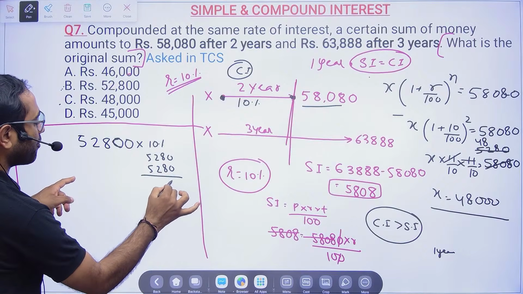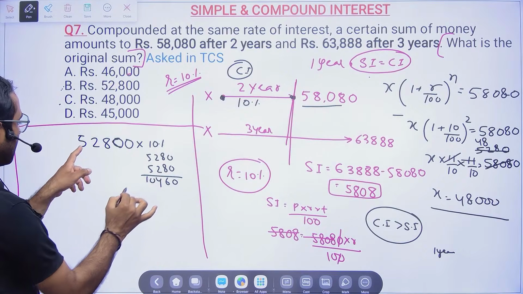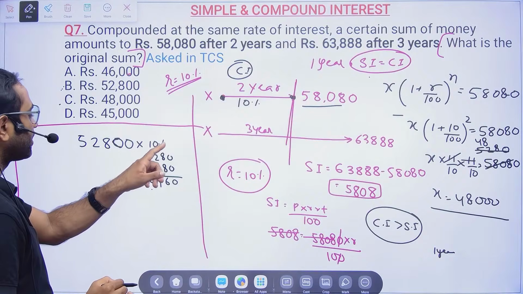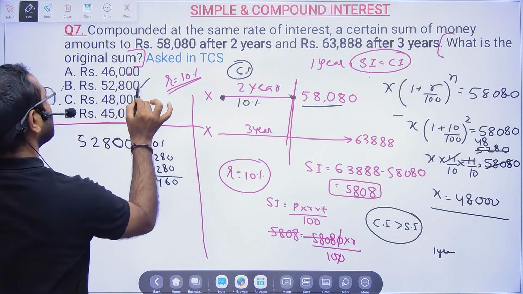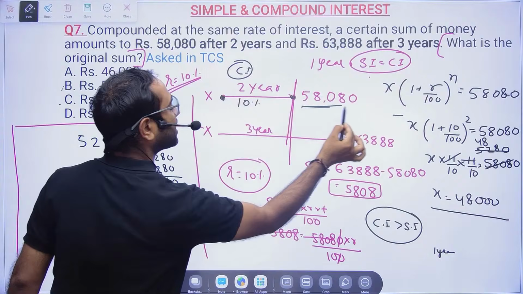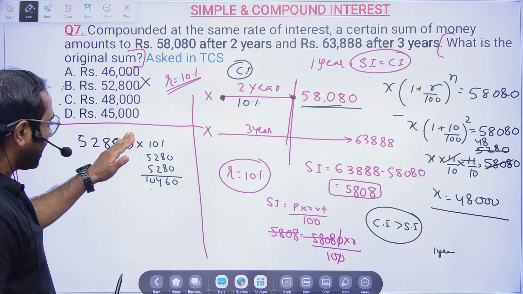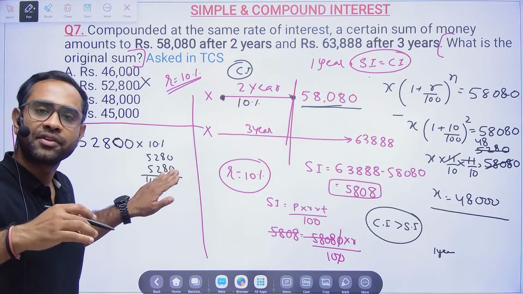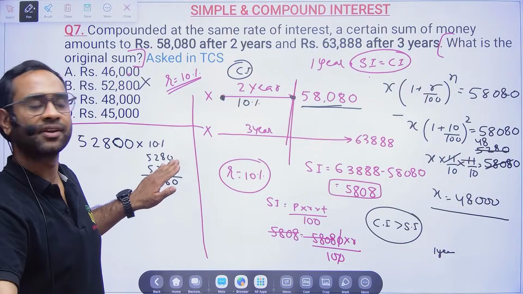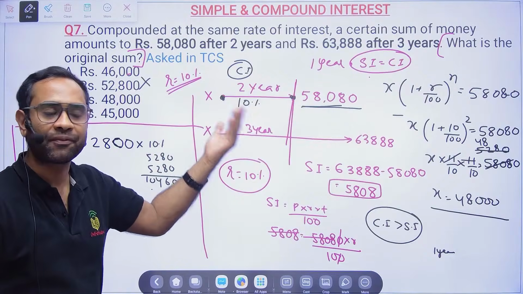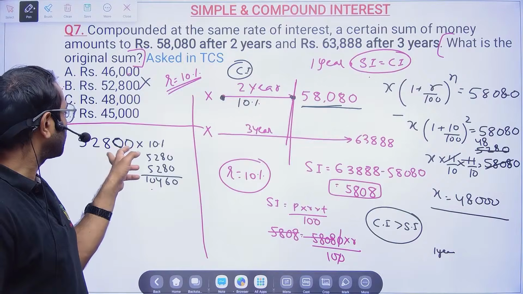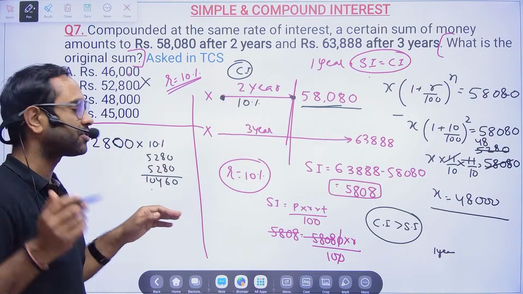So it will become 10,000, so 52 plus 10 will become 62. This cannot be my answer, because after 2 years I need to get 58,000. Simple interest itself is more than 62, so compound interest will be a little more than that.